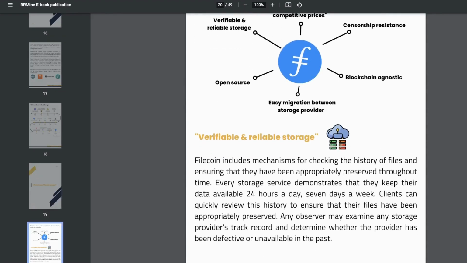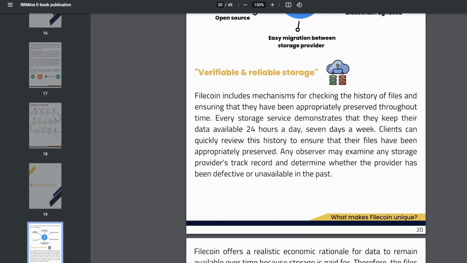Let's go on. Verifiable and reliable storage. Filecoin includes mechanisms for checking the storage history of files and ensuring that they have been appropriately preserved throughout time. Every storage service demonstrates that they keep their data available 24 hours a day, 7 days a week. Clients can quickly review this history to ensure that their files have been appropriately preserved.